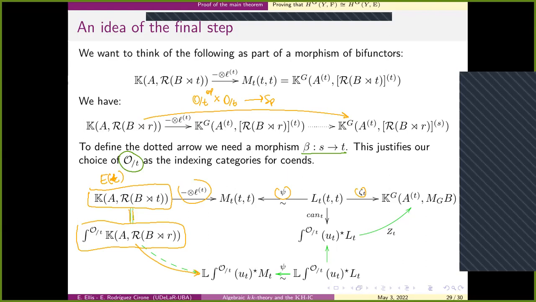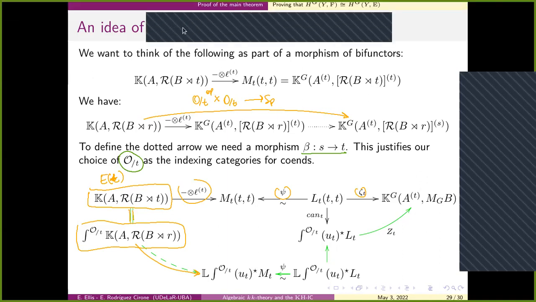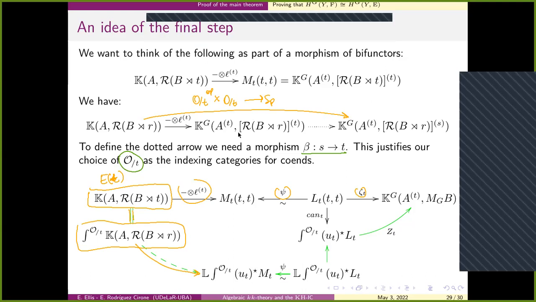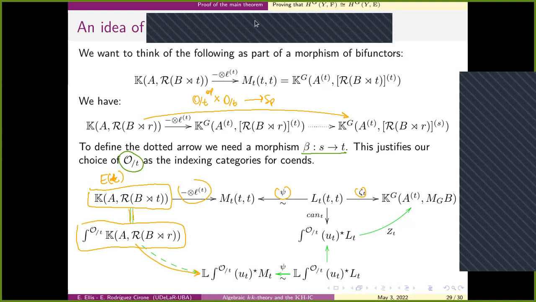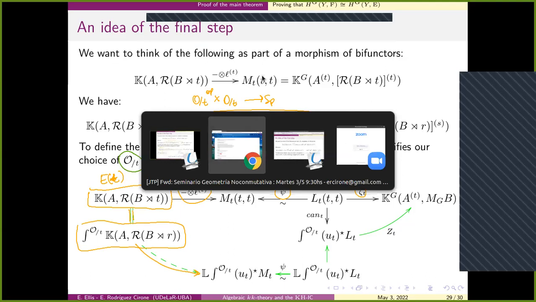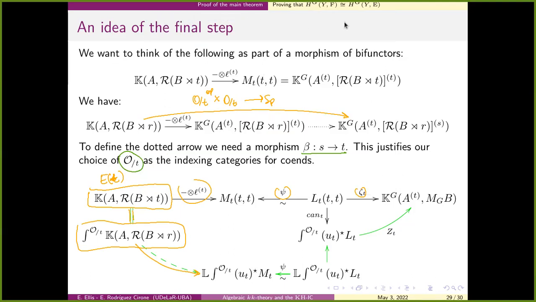The natural map goes in the opposite direction, right? Is it also very technical to actually define a map in this direction? Yes, it is technical. I can show you. We are finishing our preprint. I can show you the final diagram.